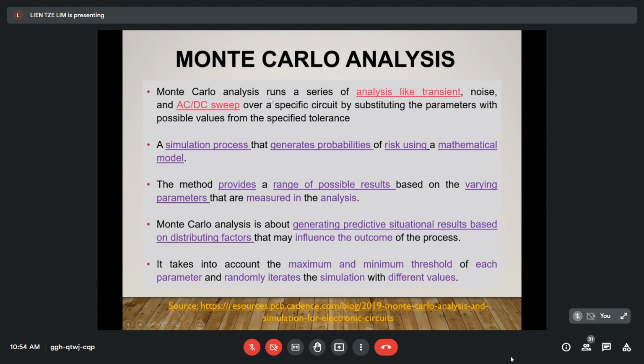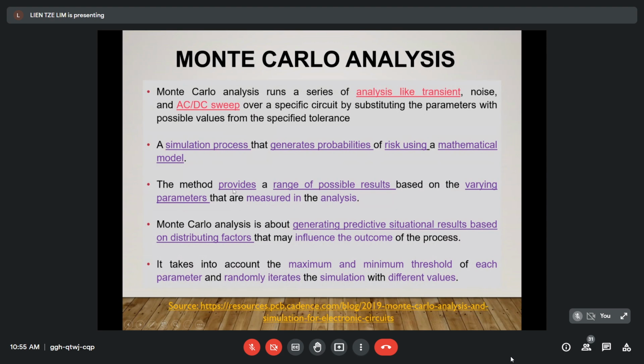Monte Carlo analysis runs a series of analyses like transient, noise, and AC/DC sweep over a specific circuit by substituting the parameters with possible values from the specified tolerance. It is a simulation process that generates probability of risk using a mathematical model.